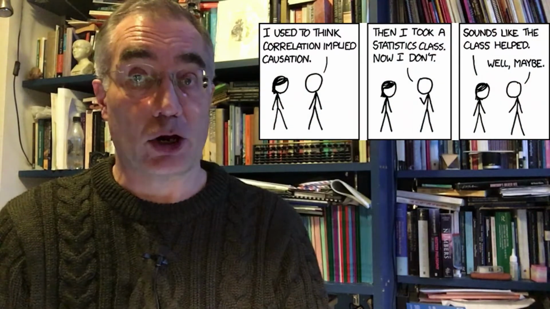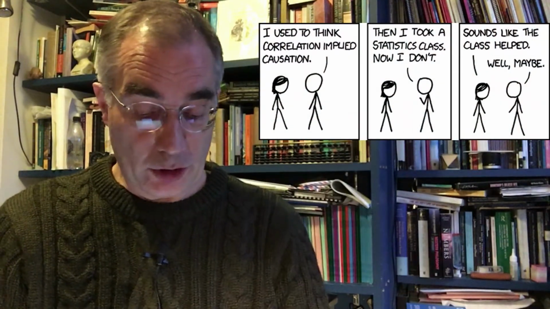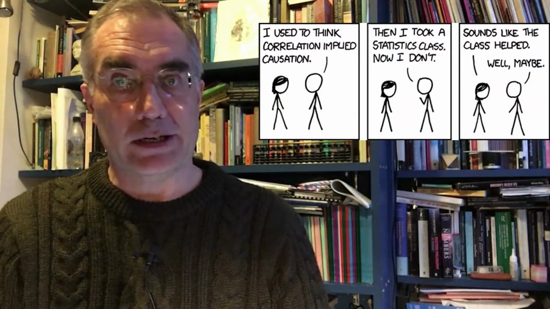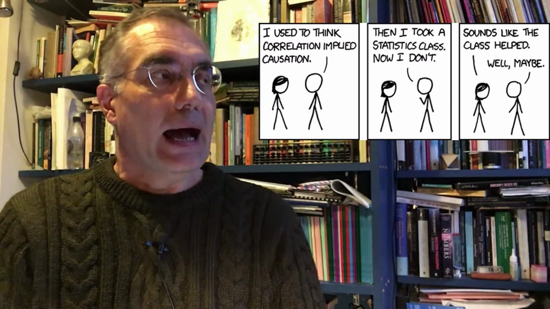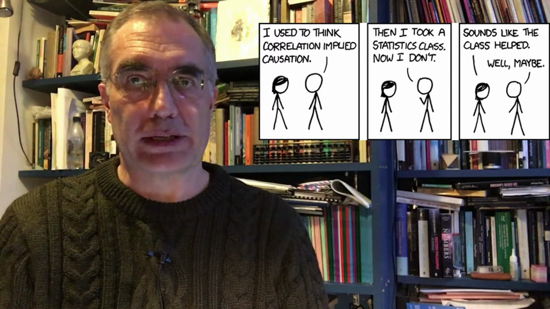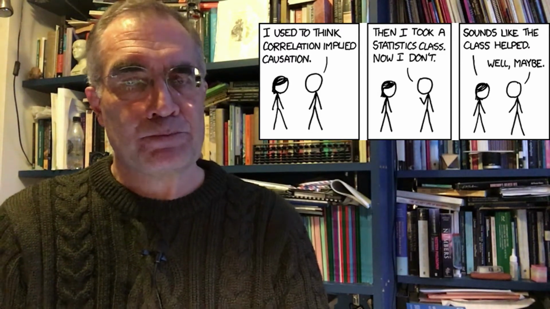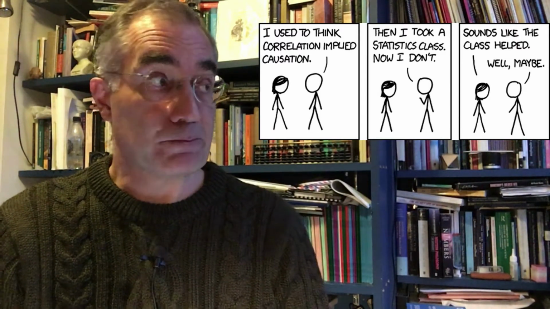So we were talking about fallacies last week. There are fallacies associated with causal reasoning, and one of them is the fallacy of coincidental correlation, also called in Latin post hoc ergo propter hoc. That's the fallacy of thinking, well, if two things go together, one of them must cause the other.